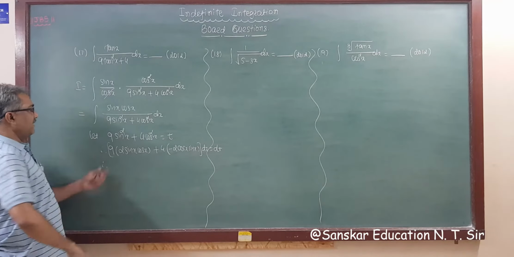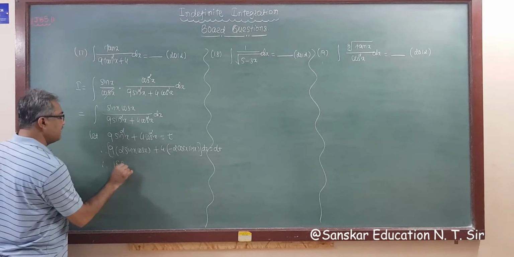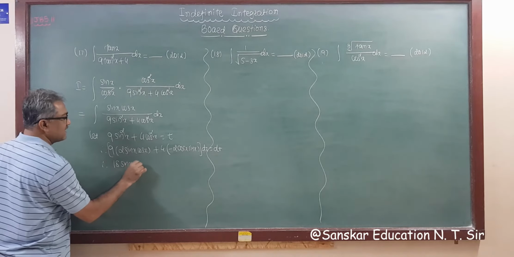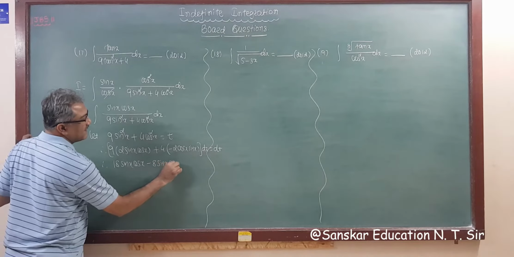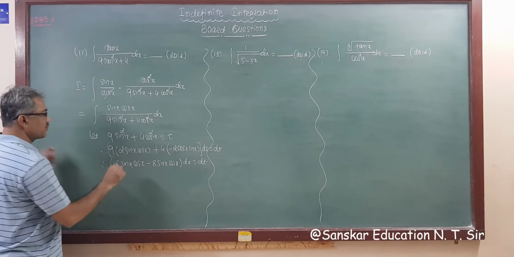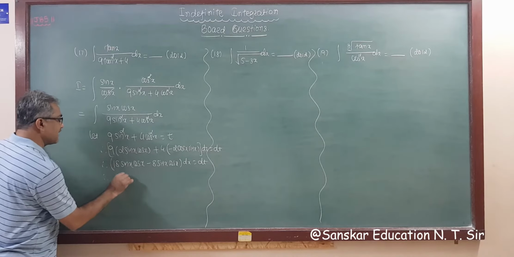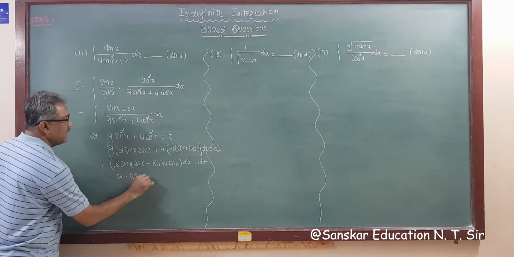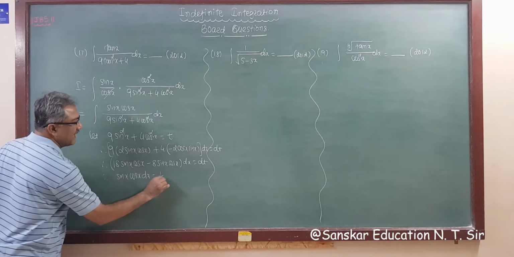So we get 18 sin x cos x minus 8 sin x cos x dx is equal to dt. So 18 minus 8 is 10 sin x cos x, that is, sin x cos x dx is 1 upon 10 dt.